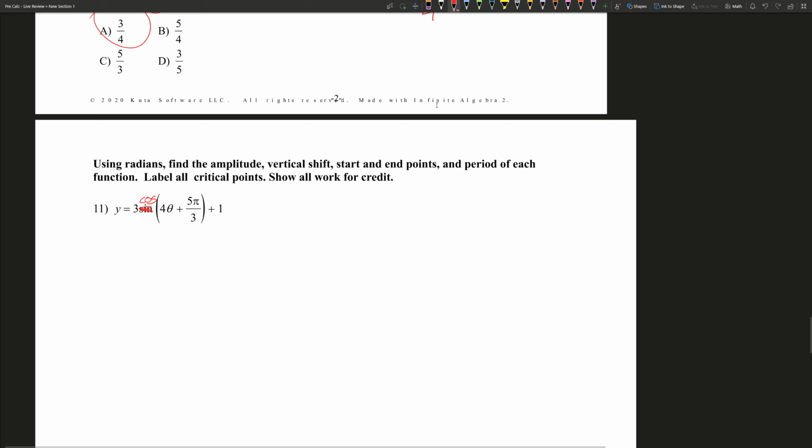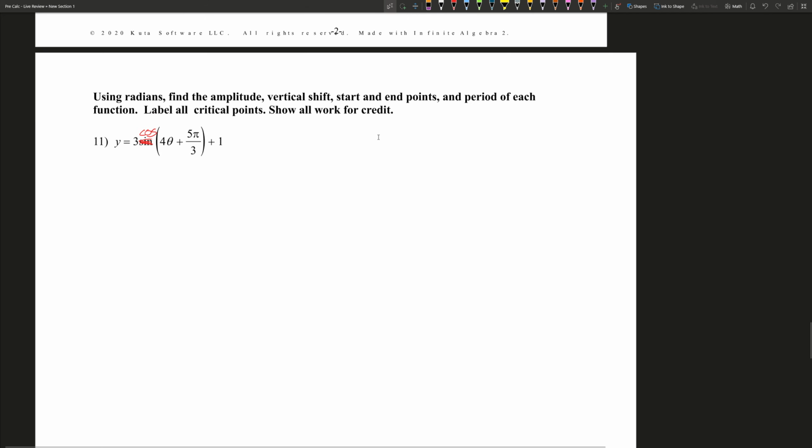All right. So again, the first thing you need to do is to identify amplitude and vertical shift. Amplitude in this case is 3. Vertical shift is 1.